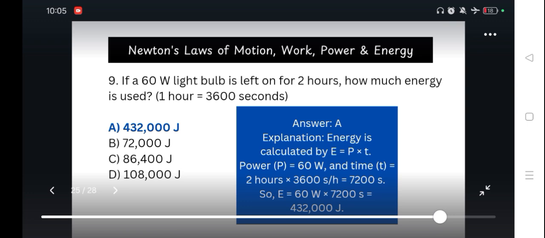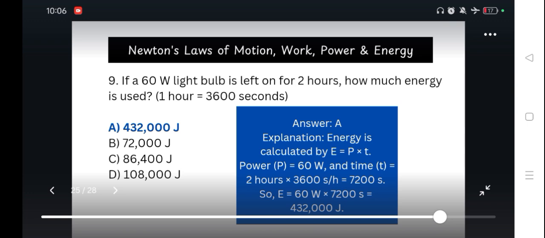Now, we know that power is equal to energy divided by time. Therefore, if we're asked to solve for energy, we can solve for energy using power times time. And since the power is expressed in watts, in this case, that's 60 watts, and the time is for 2 hours, we just simply multiply power by time. However, we cannot just directly multiply without converting the hour unit into seconds.